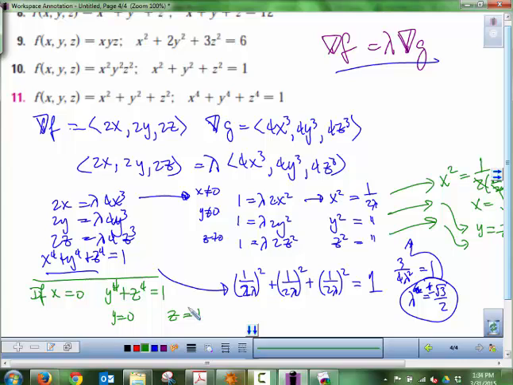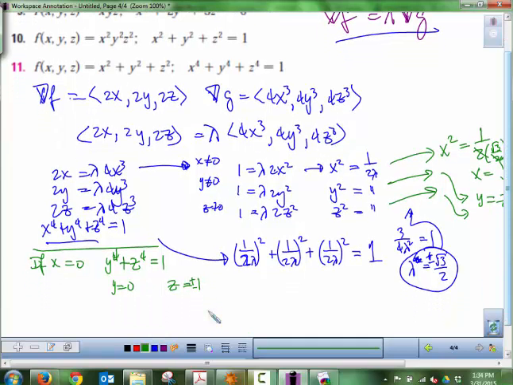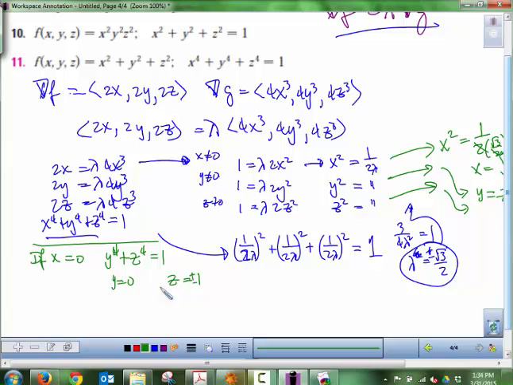Can it be negative? Yes, it could be negative. So it looks like we got 2 more points, 0, 0, 1 and 0, 0, negative 1.